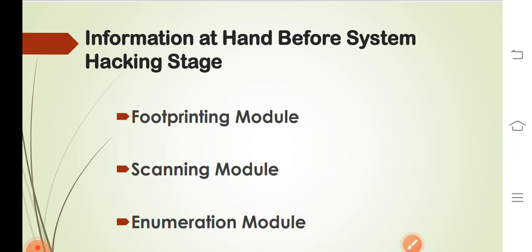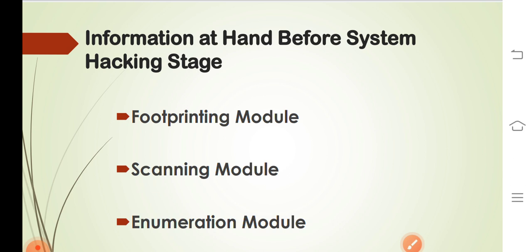Scanning is mainly concerned with the identification of systems on a network and the identification of services running on each computer. Some of the scanning procedures such as port scans and ping sweeps return information about the services offered by the live hosts that are active on the internet and their IP addresses.